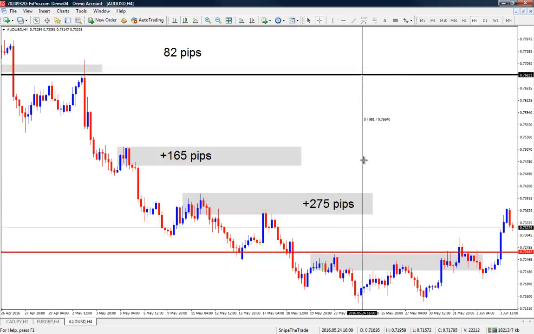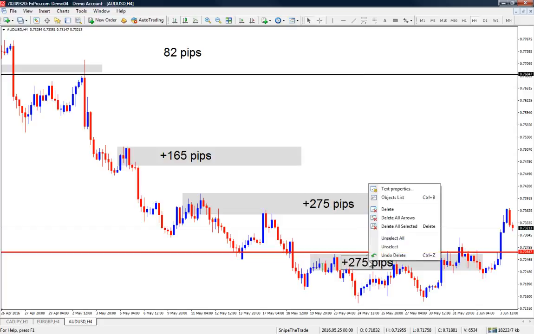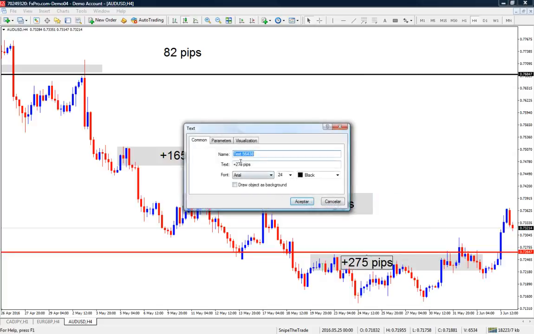And by trailing our stops all the way down here, we have locked 417 pips. So let's write that down because that is an impressive achievement. 417 pips locked.